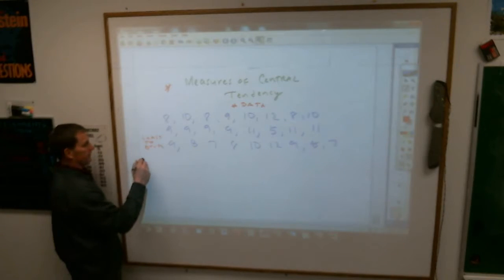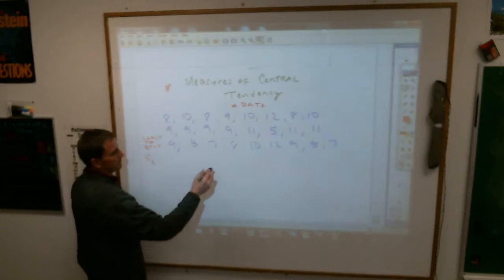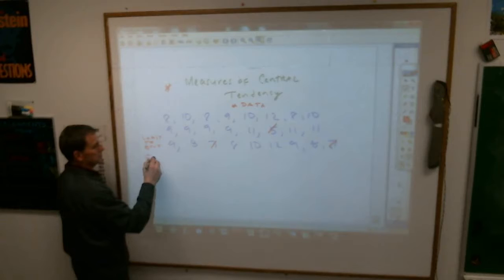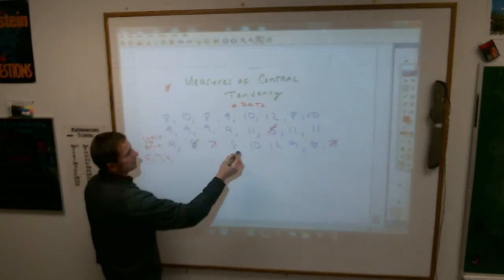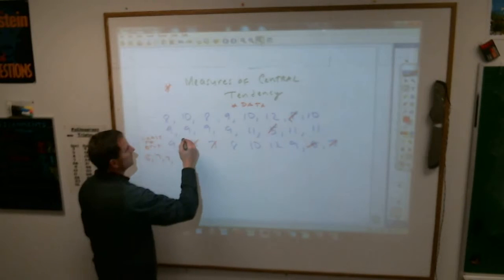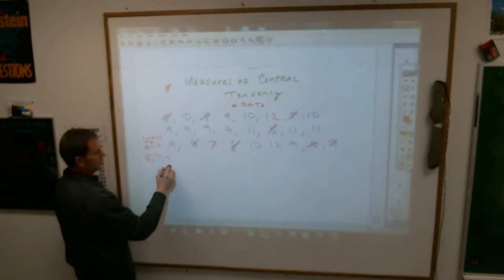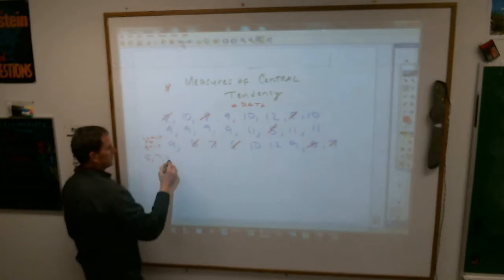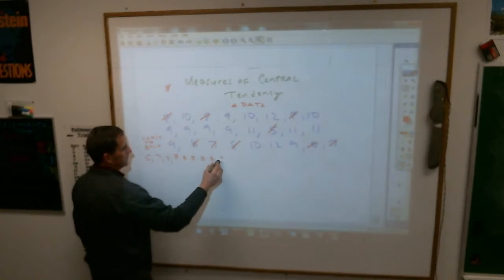I see just one 5, correct? And then no 6s. How many 7s? Looks like just two 7s. And then how many 8s? 1, 2, 3, 4, 5, 6 8s.